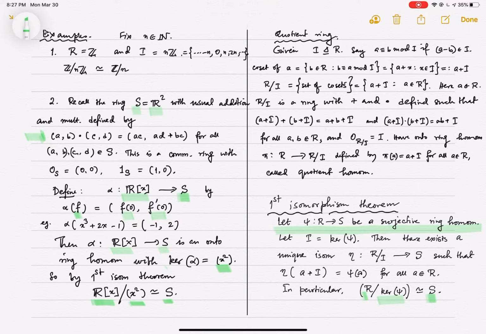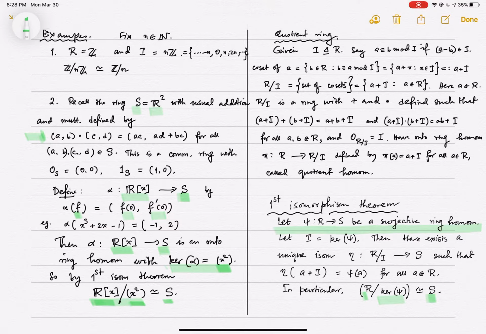So here I have an onto ring homomorphism from this ring to that ring. The kernel is all multiples of x squared. So by the first isomorphism theorem, we get that the quotient R[x] mod the ideal generated by x squared is isomorphic to S. And this is typically how identification of quotient rings goes. This format is fairly typical.